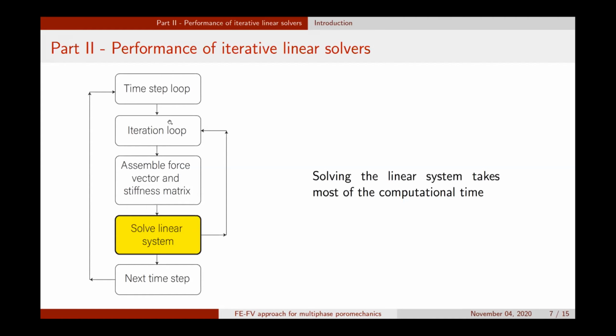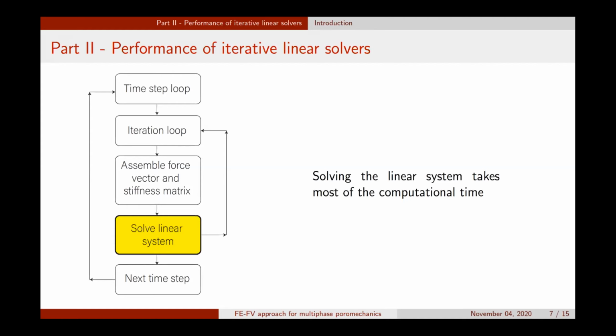Our simulation is transient, meaning that we'll have to go through a nonlinear loop for every time step. Within this loop, we'll have to discretize our equations. We'll get a nonlinear residual that we want to drive to zero. For that, we use a Newton-like method where we have to assemble our stiffness matrix and our residuals.